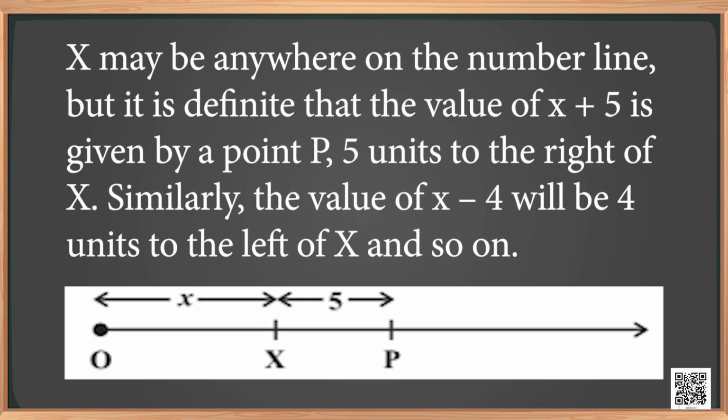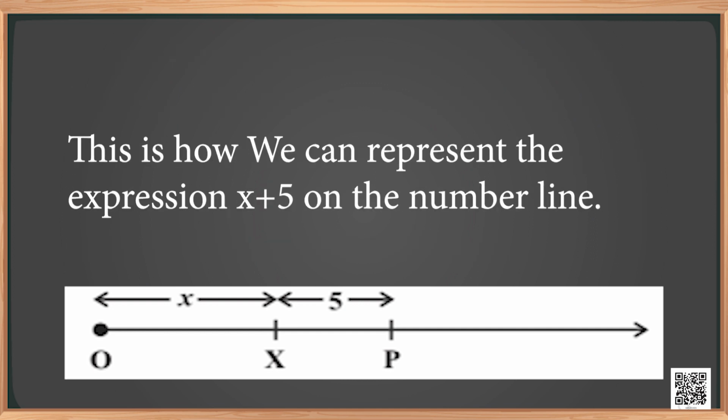X may be anywhere on the number line, but it is definite that the value of x plus 5 is given by a point P, 5 units to the right of x. Similarly, the value of x minus 4 will be 4 units to the left of x and so on. This is how we can represent the expression x plus 5 on the number line.